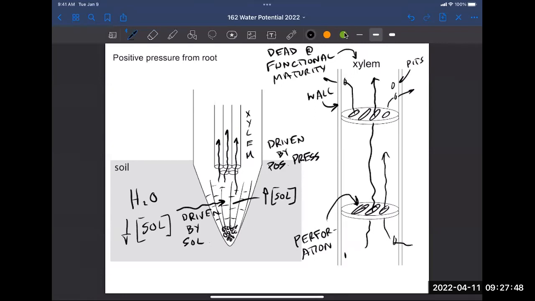And so essentially we have this hollow tube of cell wall that those cells have created, a structure that is ideal for moving water long distances, and the root cells are going to be forcing water up into that column.